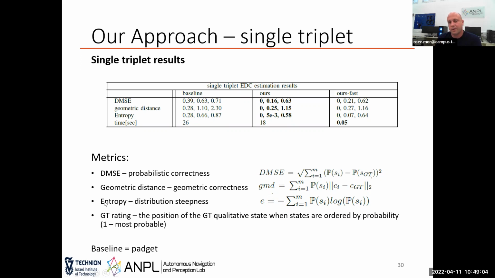Entropy is just the sharpness of the distribution, how much information we have in the distribution. It doesn't care about the ground truth at all. And ground truth rating is when you take the probability for each state, you can put them in order from the most probable to the least probable. And then on this scale, we ask where the ground truth is located. If the most probable is the ground truth, then it's a good estimation. If it's second, then it's less good, and so on.